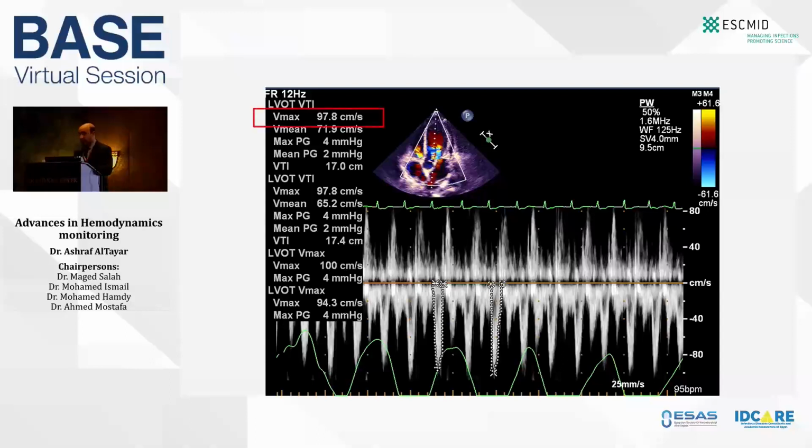This can also be taken very cautiously because you have to teach the machine that this is the time of inspiration, this is the time of expiration, and the machine will calculate for you if there is variation or not in the peak velocity and in the VTI itself.